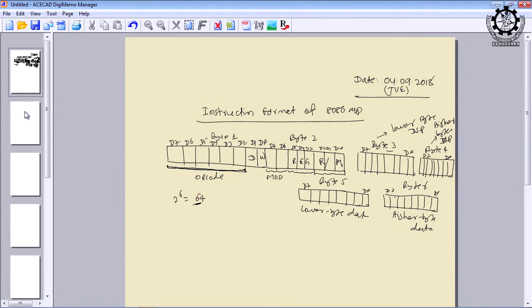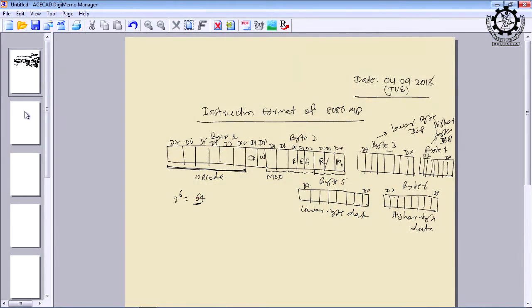So, this shows that 64 different opcodes are possible, right? Again we will see that there is a large number of opcodes available, but 64 is the common. For example, add immediate, add with registers, add with memory locations may have one opcode, but their other fields will vary depending upon the instruction.